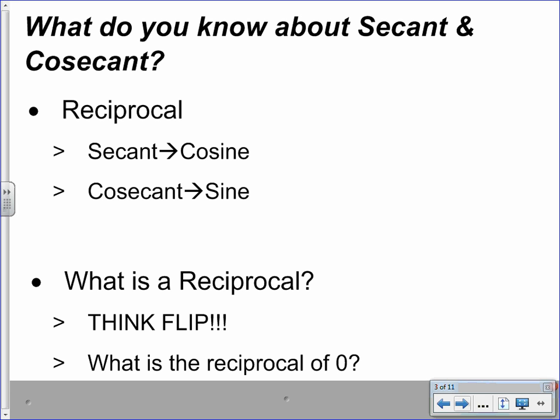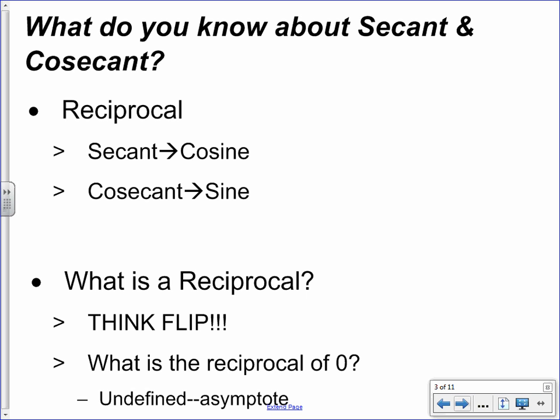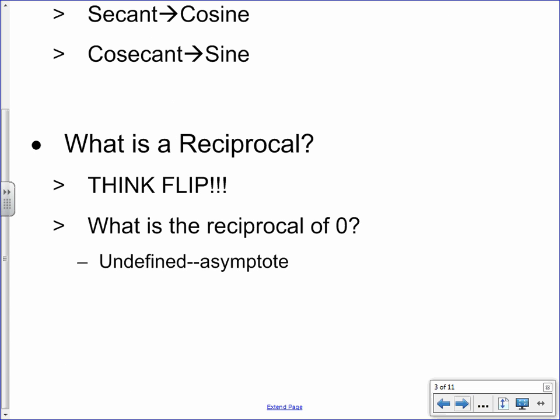Vertical what? Vertical stuff. Special kind of vertical line, we call them. Yes, I knew you would think of it. Okay? So graphically, when we have an undefined value, we're actually going to get an asymptote.